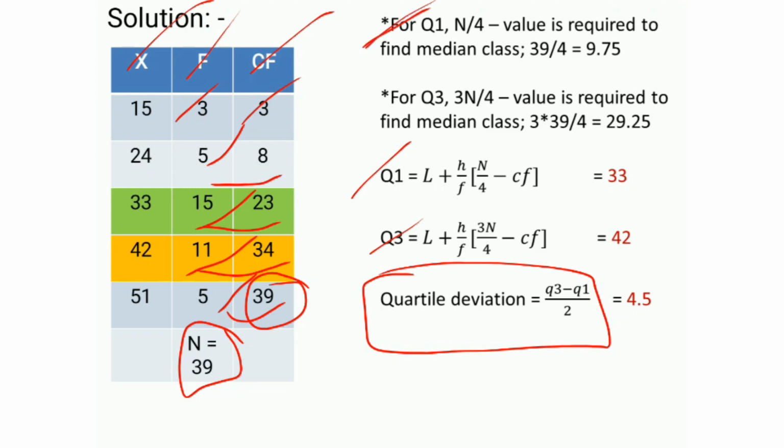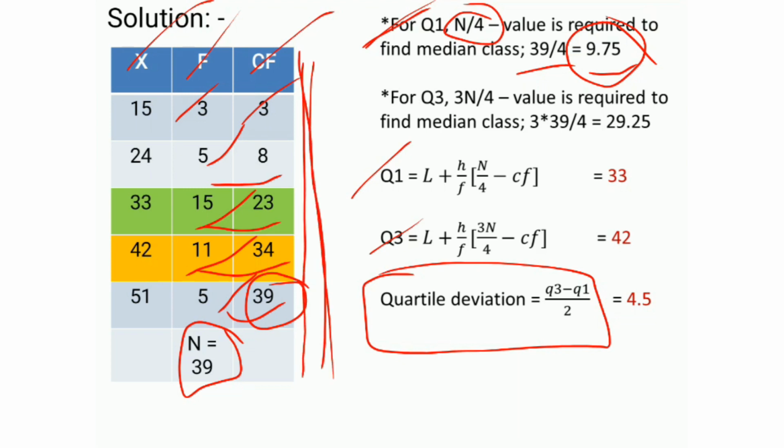For finding the first quartile Q1, start with the first step, n by 4. N is 39 in this problem. 39 by 4 is 9.75. After finding this value 9.75, check in the cumulative frequency column for a number which is greater than or equal to and nearest to 9.75.